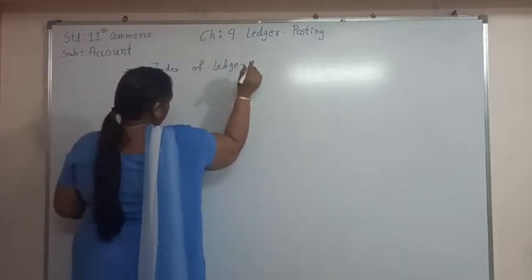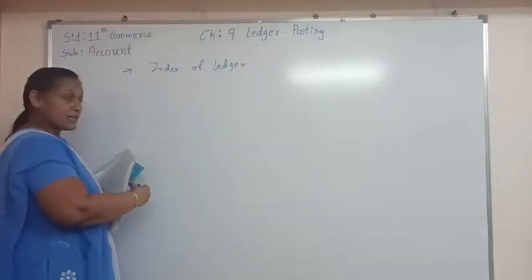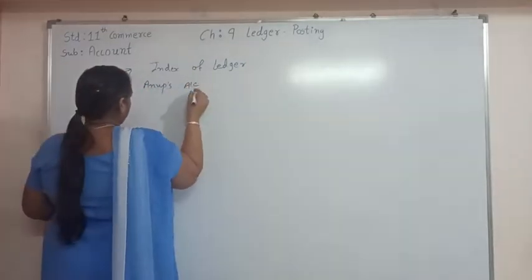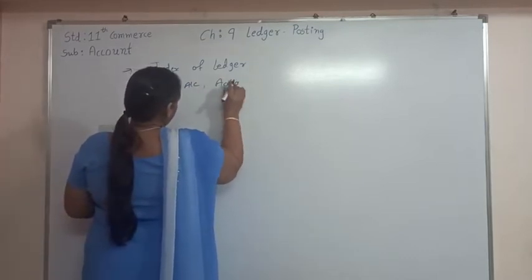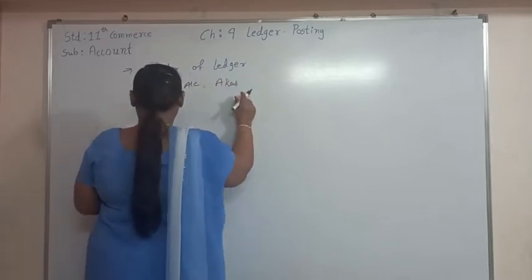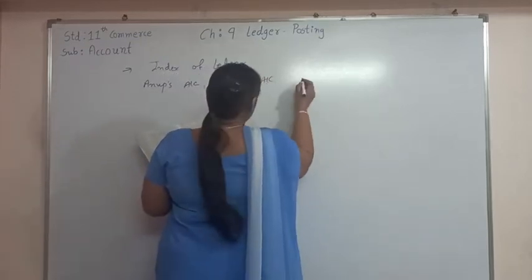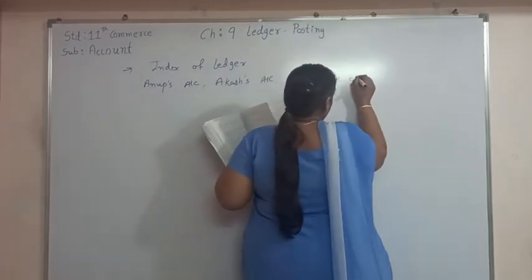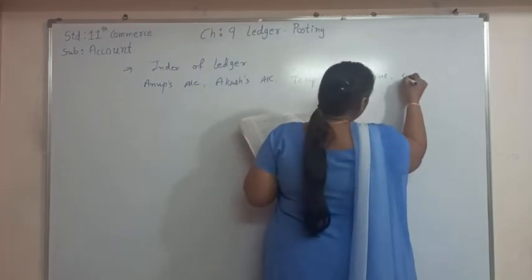If we are supposed to prepare, let's say, 4 accounts: Anup account, Akash account, telephone expense account, and State Bank of India account.